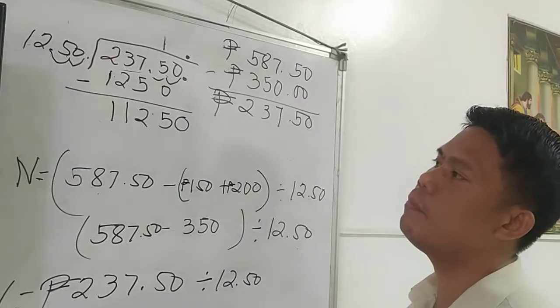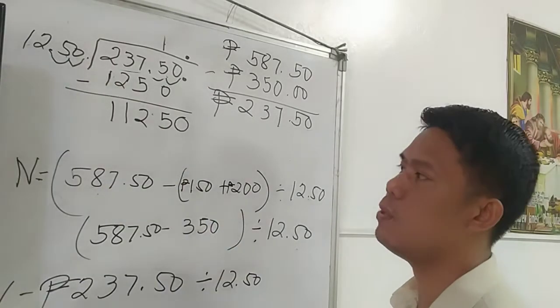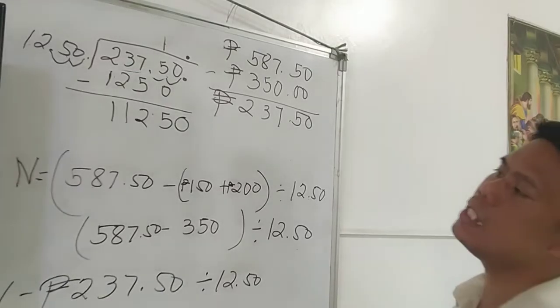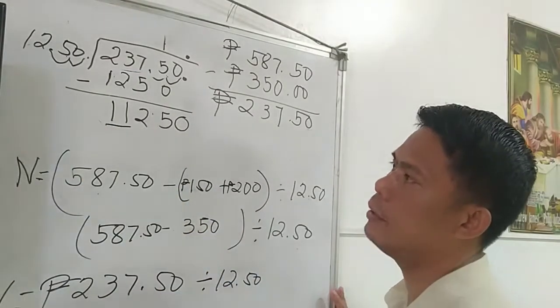Now we have 11,250 divided by 1,250. Look at our first digits, 11.